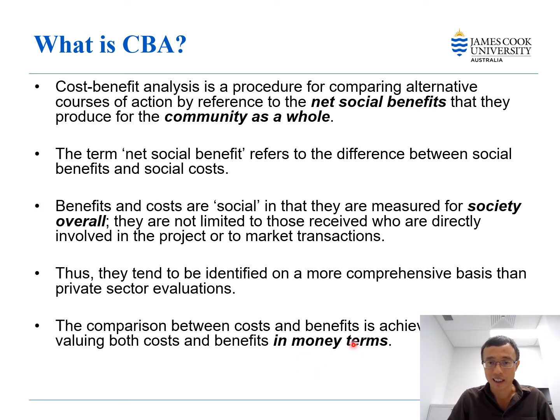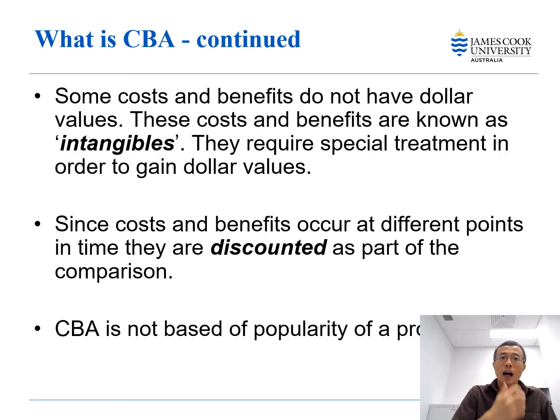And this apple is money, so we convert everything into monetary terms so that we can compare them. Sometimes there are items of costs or benefits that do not have dollar values. We call these intangibles, and they require special treatment in order to put a dollar value on them.